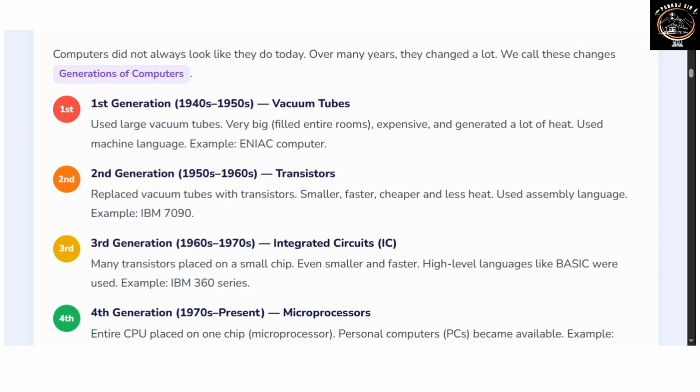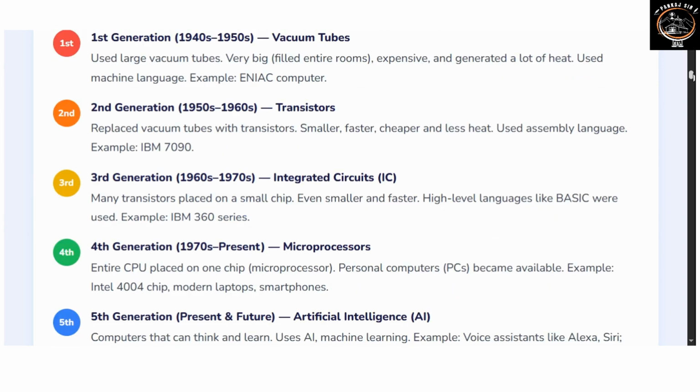The second generation of computer, 1950 to 1960, used transistors, which replaced vacuum tubes, and the computers became smaller, faster, cheaper, and produced less heat. But they used assembly language. It is very tough to use that binary language 0 and 1, so they invented assembly language, using mnemonic words like add, sub, to reduce this 0 1 process.